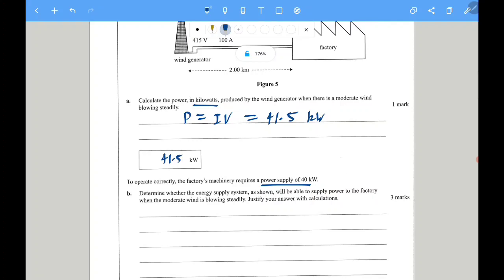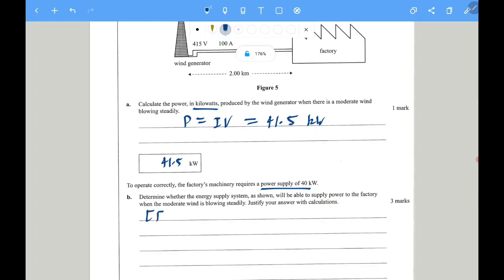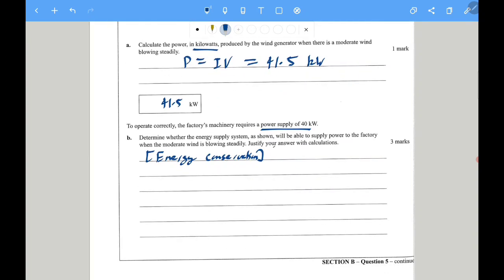Alright, so we have to use the energy conservation principle in order to determine this. What is the power that reaches the factory? So the power that is outputted must equal the power that is lost due to heat and sound and whatnot in the transmission lines, plus the power that is supplied to the factory.